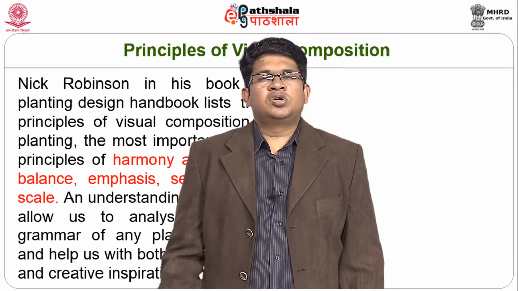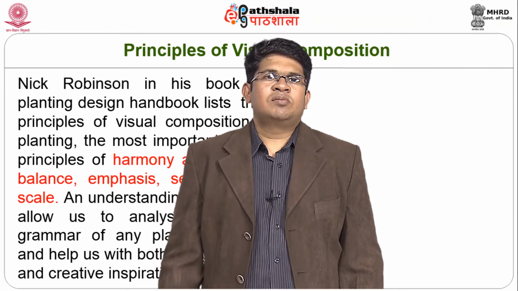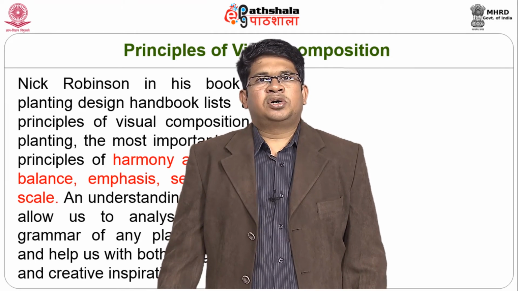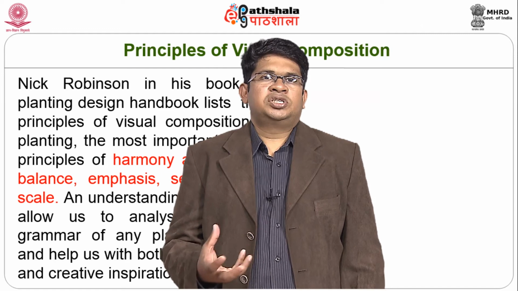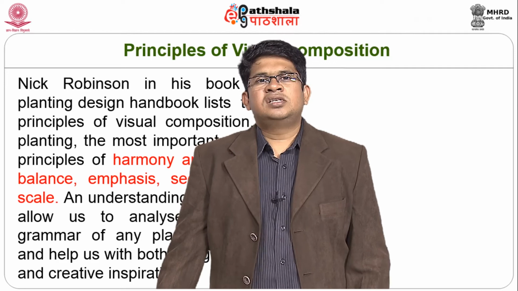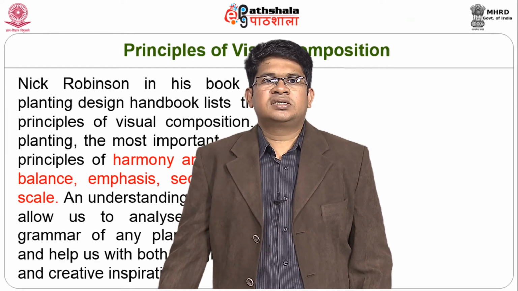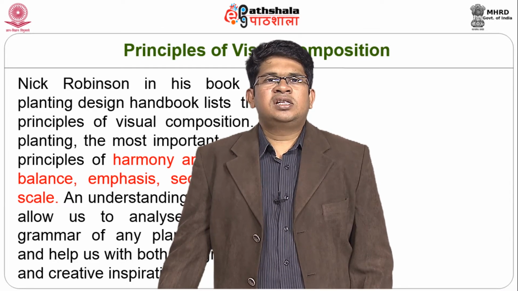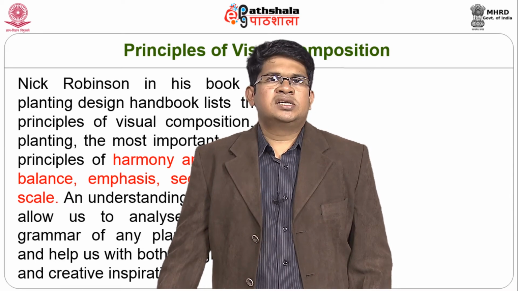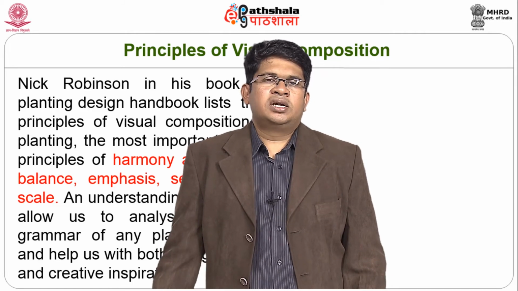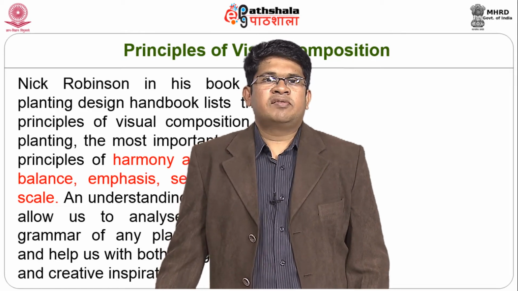Nick Robinson, in his book Planting Design Handbook, writes about different kinds of principles that talk about how we achieve these in planting design, and he lists principles like harmony and contrast, balance, emphasis, sequence, and scale. So, these are the important principles, I would say, with respect to planting design, so that the visual character of a particular planting design is brought out very effectively.